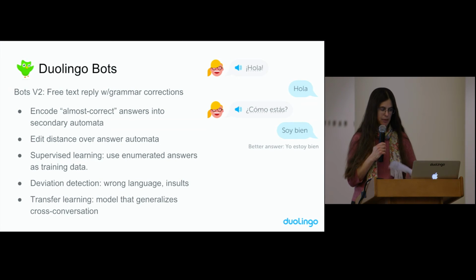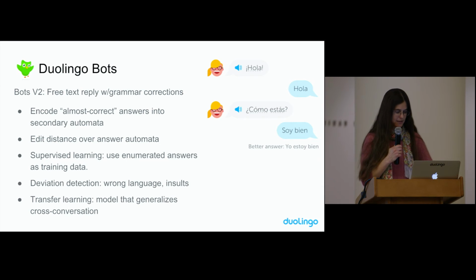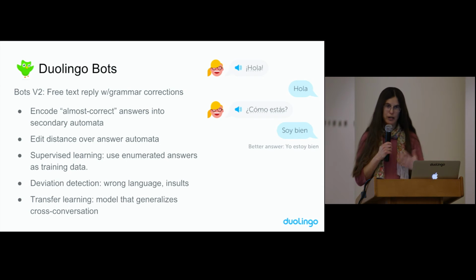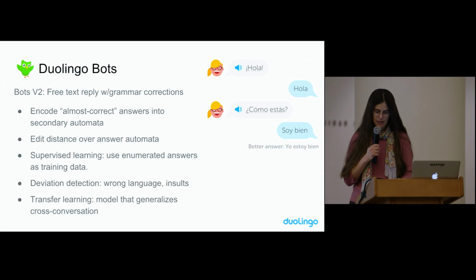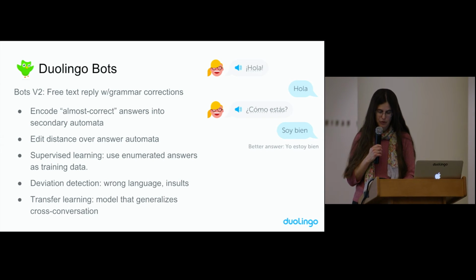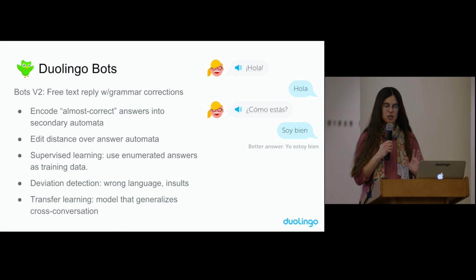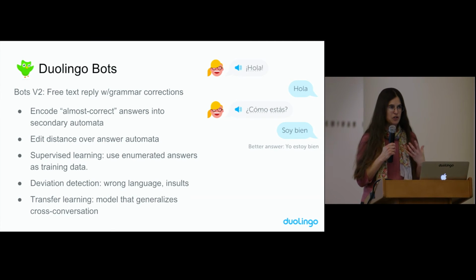Now we're working on something a little more sophisticated, a little more interesting from the computer science point of view. The biggest complaint that we've gotten from users, and actually, the response has been pretty favorable, but the biggest complaint we've gotten is that it feels too restrictive. So we've had to encode all the possible answers, right?